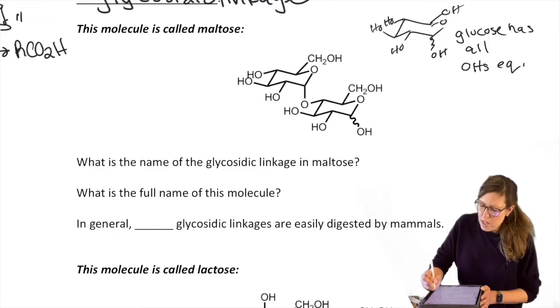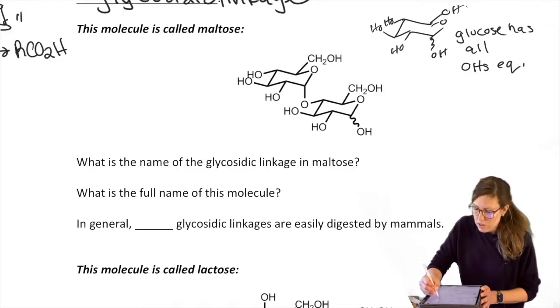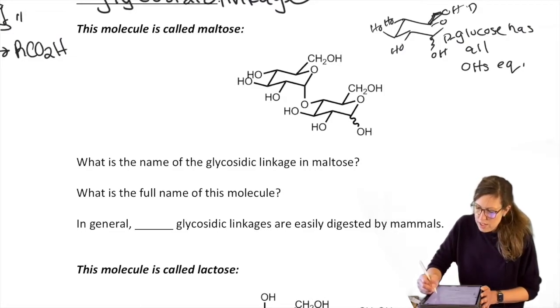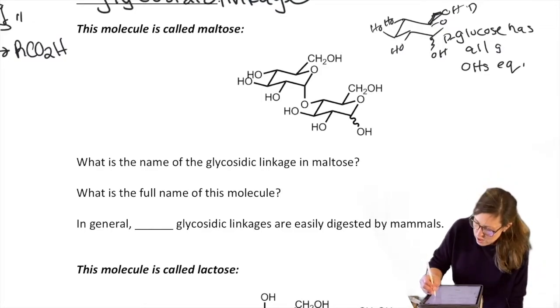So remember, if it's alpha versus beta determines how we're handling the anomeric carbon. So D-glucose has this one equatorial here, the CH2OH. So D-glucose has all of the groups equatorial.